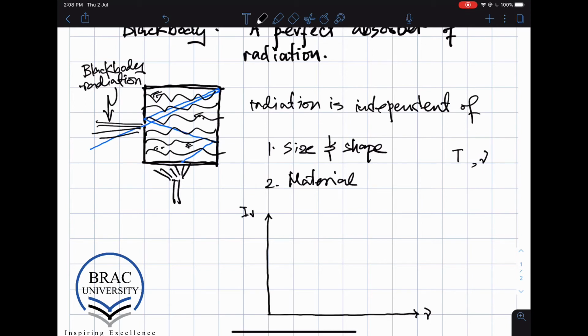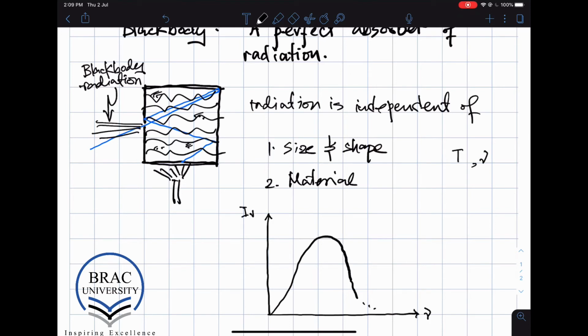So if you do that, the observed spectrum that experimentalists found out was something like this. And probably, it went down something like this, which is a very nice physical curve.